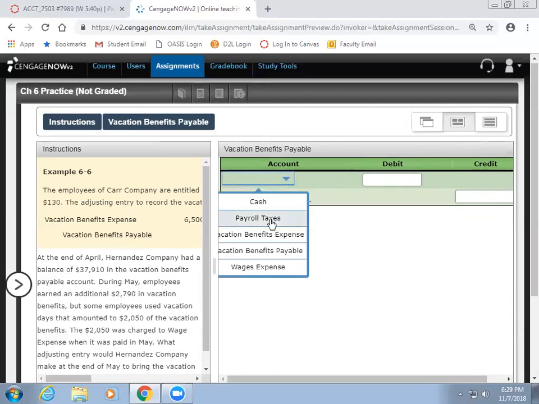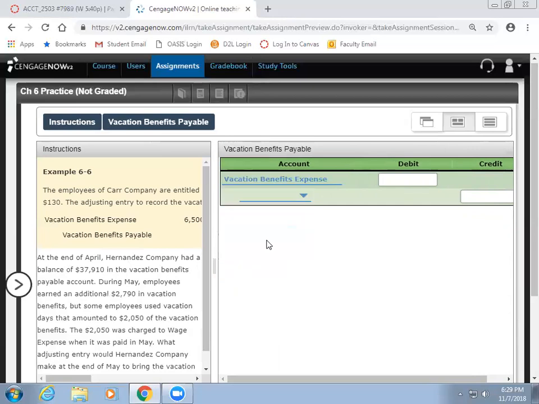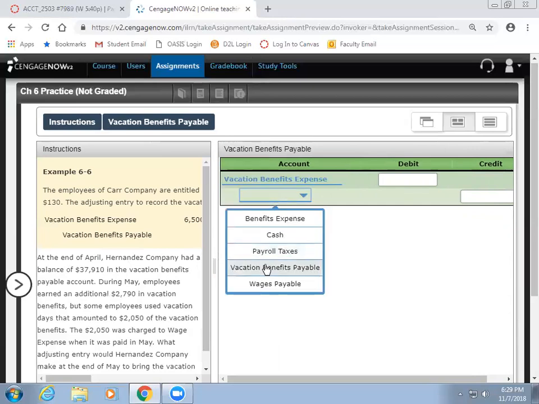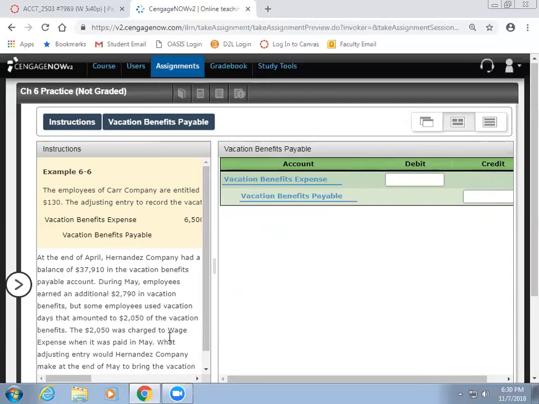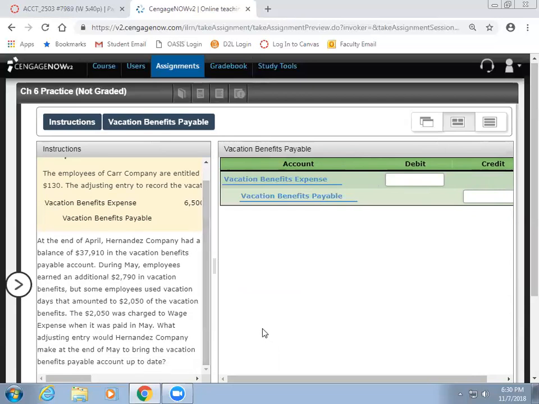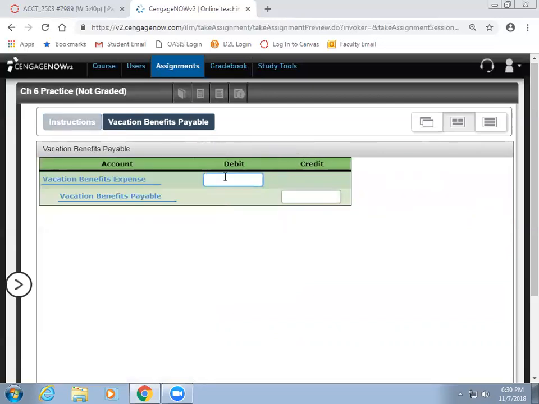I'm going to debit vacation benefits expense and credit vacation benefits payable. But the amount we still owe them is the difference. They earned $2,790, but $2,050 were taken in the month. So I'm just going to subtract to get $740, and that's how much gets debited to benefits expense and credited to benefits payable.